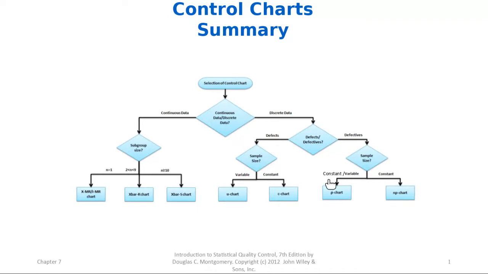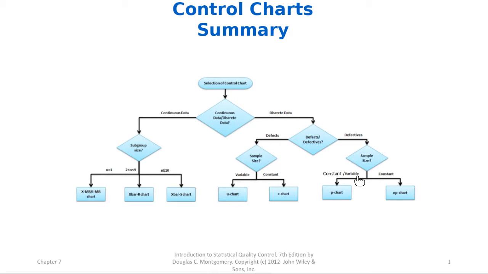The P chart is known for handling constant sample size and variable sample size. So basically, if you have attribute data that contains defective units, the P chart is the always-safe decision to make because it fits both variable and constant sample sizes.